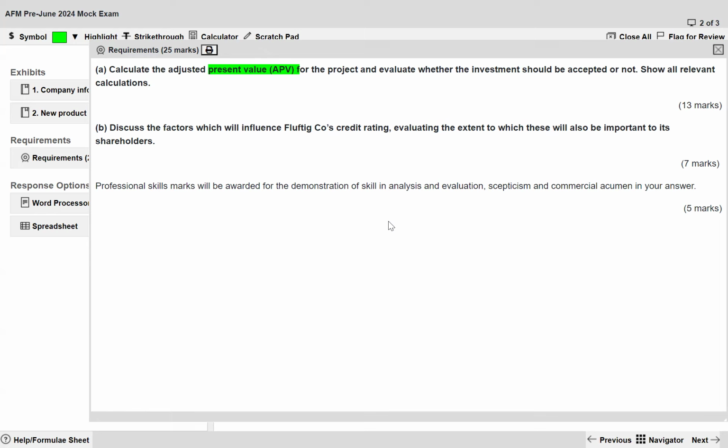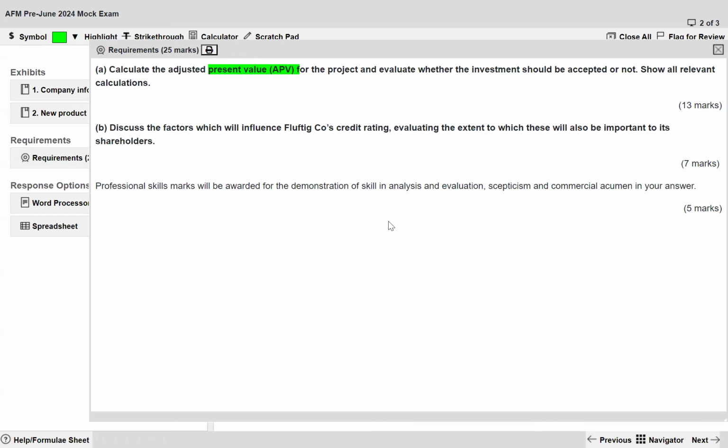But not only financial gearing, but also operating gearing. Operating gearing is looking at how much of your costs are fixed and how much are variable. That also can affect your rating, because if you have so many fixed costs, then when you are in times of reduced profitability, you still have to pay those costs regardless, and that may put you under constraints or under strain. So those are the factors.